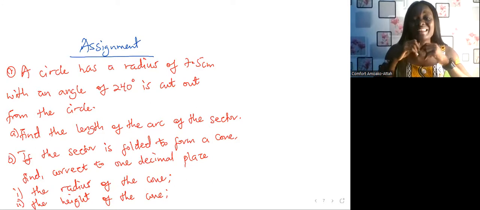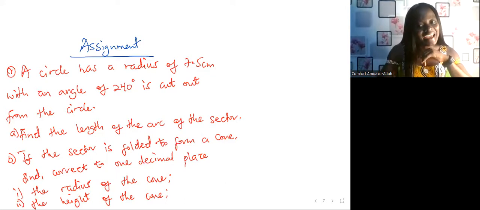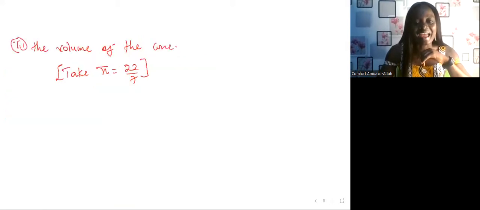A, find the length of the arc of the sector. I believe you remember the length of an arc of a sector. Good. B, if the sector is folded to form a cone, find, correct to one decimal place, i, the radius of the cone, ii, the height of the cone, and iii, the volume of the cone.